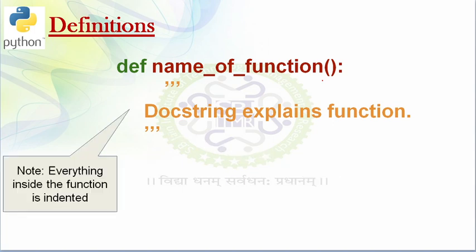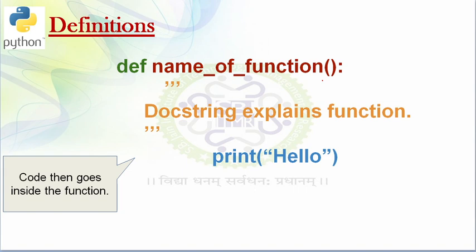So everything is indented. Firstly, let's start with the first coding part in a definition. We have defined the function by using the def keyword, then we have given the name of the function.